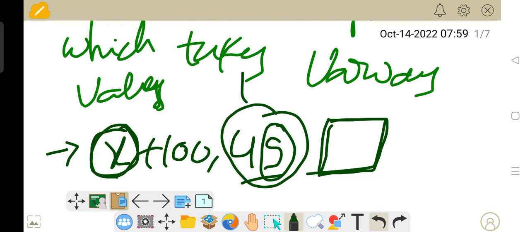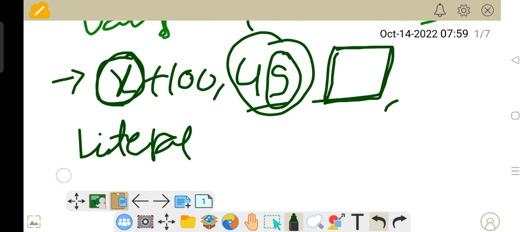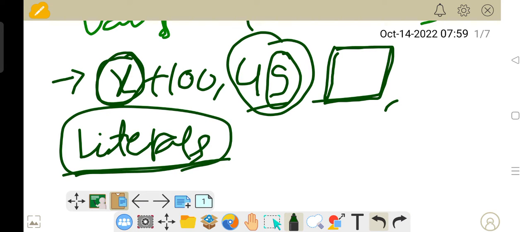Therefore, a symbol which takes various values is called a variable. In mathematics, we use English letters as variables. Therefore variables are called literals. The other name of variables is literals.